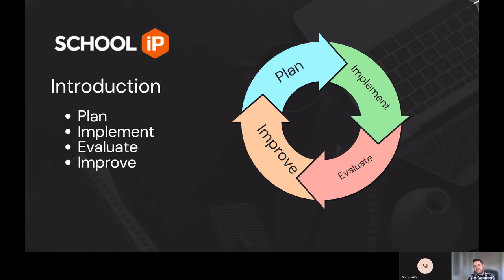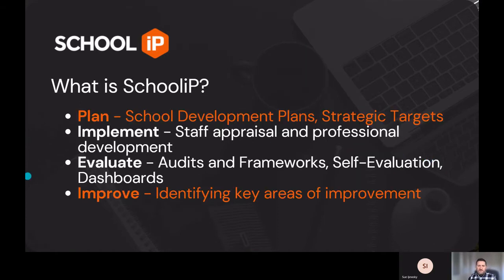Hopefully you're all familiar with this cyclic process, and we'll be talking about some of the ways that School IP can support you. So with those key areas in terms of plan, implement, evaluate, and improve, we'll be focusing today on the improve section, identifying the key areas for improvement and how they feed into your school improvement plans.